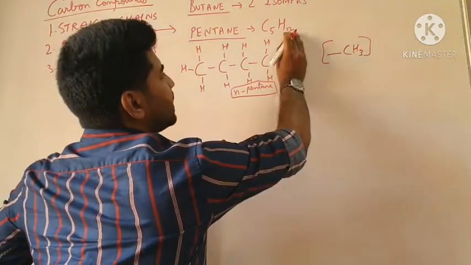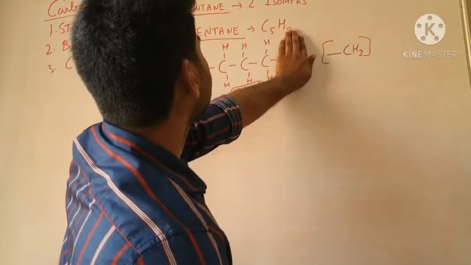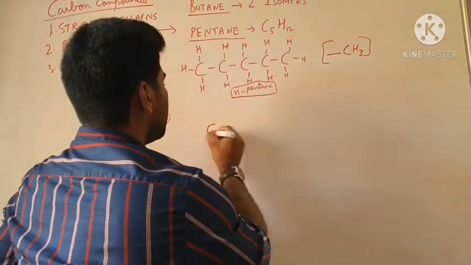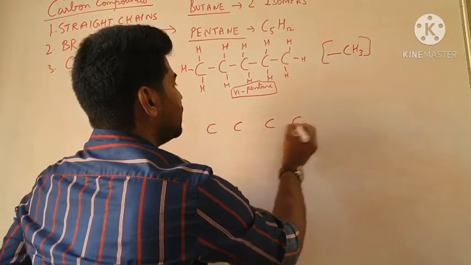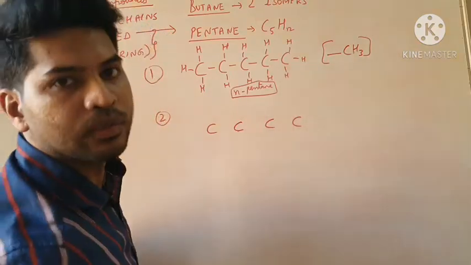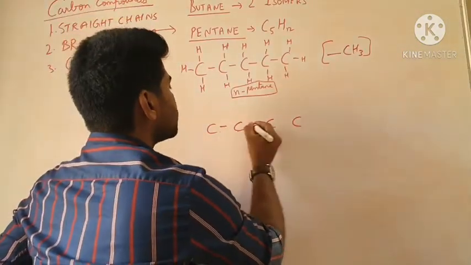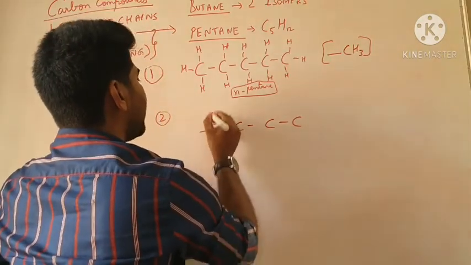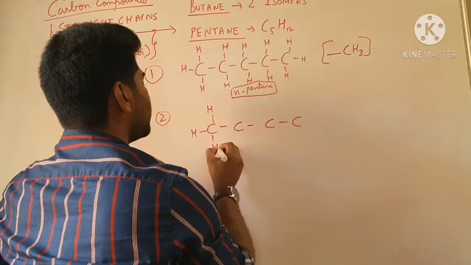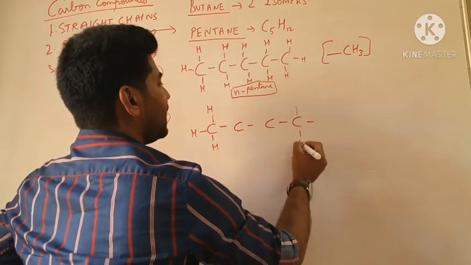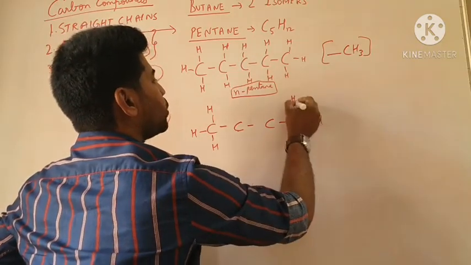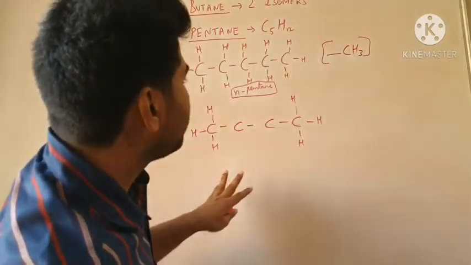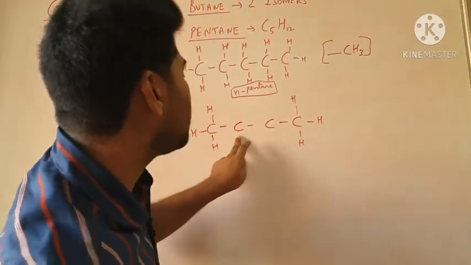When you remove the CH3 group, as you can see, the main chain will have 4 carbons. So 1, 2, 3, 4. This is what we did in butane also. Remove one carbon, the CH3 group, and we cannot attach it either to the first carbon or to the last carbon, because then it would be exactly the same. So we have to add it either here or here.